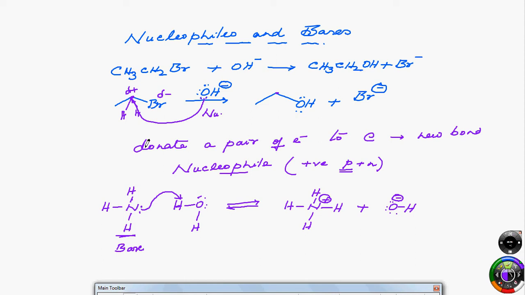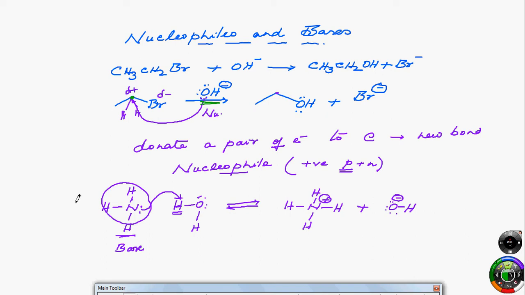In basicity, the nucleophile attacks a hydrogen, whereas in nucleophilicity, the nucleophile, in this case OH minus, attacks any atom other than hydrogen. In this case it is carbon.